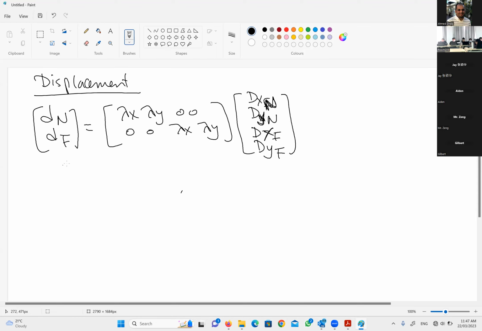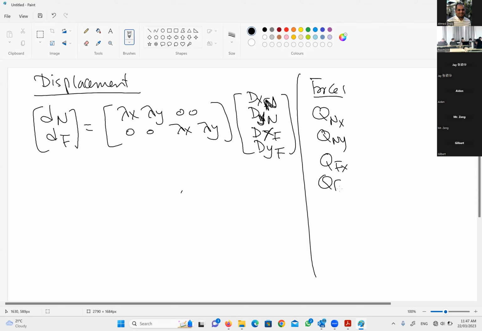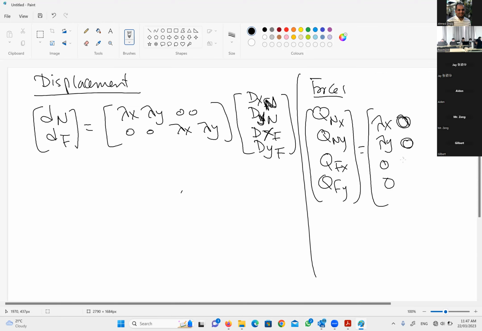For forces, we have qnx, qny, qfx, qfy equal to lambda x, lambda y, 0, 0, 0, 0, lambda x, lambda y times q small n, q small f.